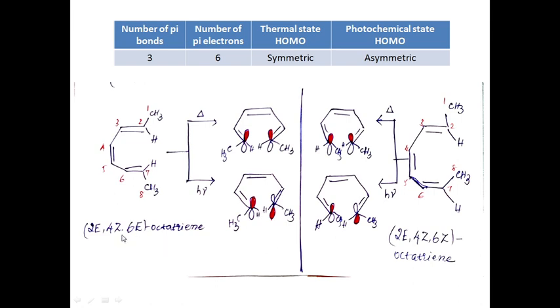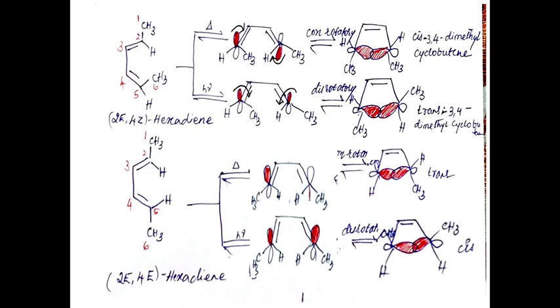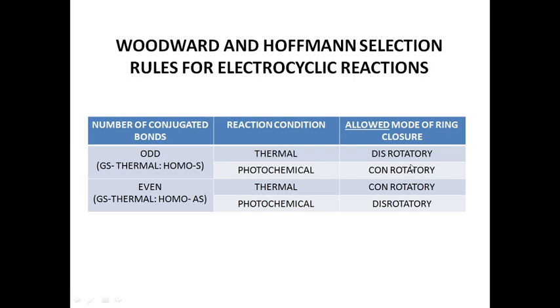We have to consider the configuration, that is either it is a 6Z or 6E. And then we have seen two examples, dienes and trienes, conrotation and disrotation in both the cases, and arrived at the Woodward Hoffmann selection rule for electrocyclic reactions. Thank you.